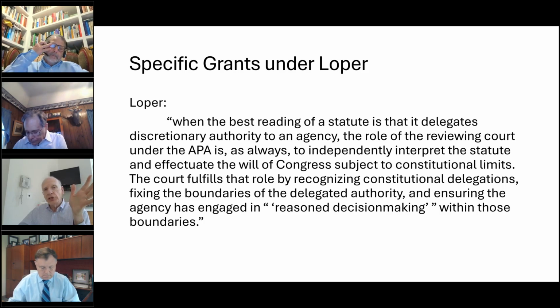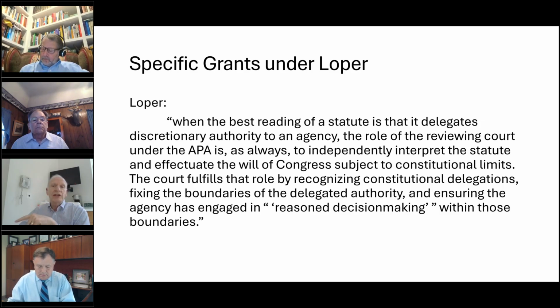In fact, I might just say, over the weekend, I was looking at the new Secure Act regulations, trying to understand them, and I was thinking about an area that struck me as counterintuitive, the position they were taking, and I went back and looked at 401(a)(9) just to see if there was anything in there that would trigger this paragraph in Loper. And I saw some language in 401(a)(9) talking about "in accordance with regulations." So there's an interesting moment.